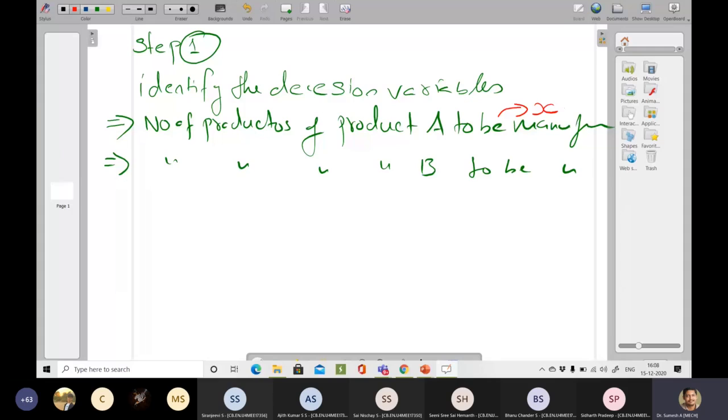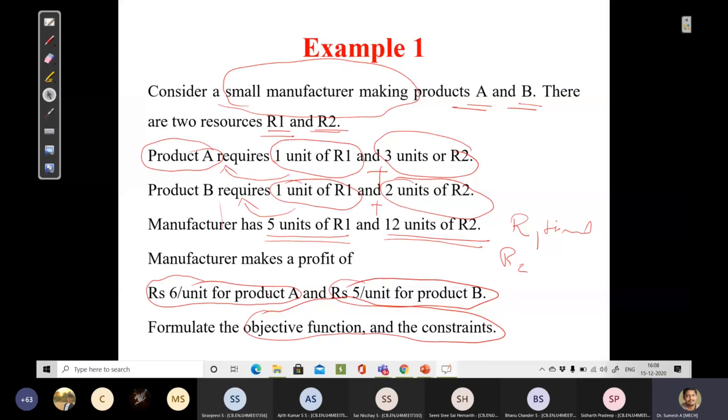So step 1 is over. In step 1, I have identified the decision variables. There are 2 decision variables given in the problem, since 2 products have to be manufactured: the number of products of product A and the number of products of product B to be manufactured.